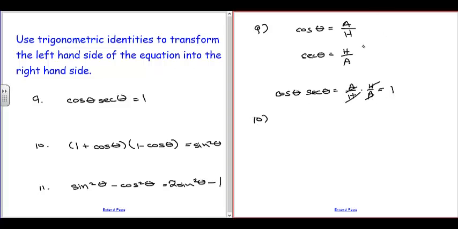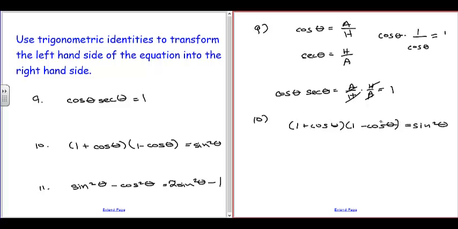Now another way of doing this from previous sections would be to use the fact that the secant is 1 over the cosine. And I guess you probably use the same reasoning here as well. Okay, the next one, 1 plus cosine of theta times 1 minus cosine of theta equals the sine squared of theta.